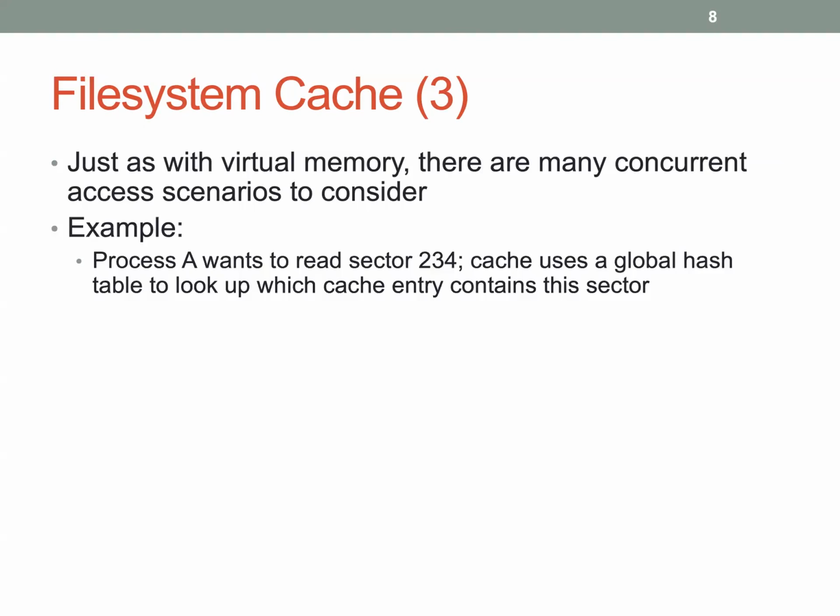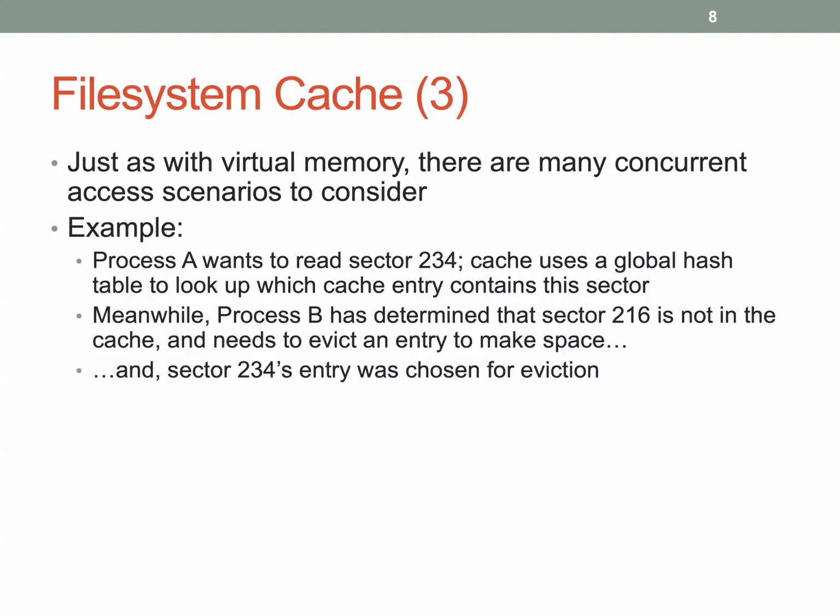The cache has a global hash table because you decided that would be faster than a linear scan to look up which cache entry contains the sector. Meanwhile, process B has determined that sector 216 is not in the cache and wants to load it. And so it needs to evict some other entry in the file system cache, and sector 234 was chosen.